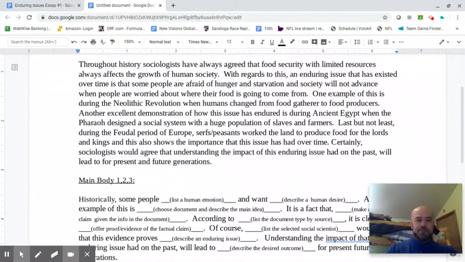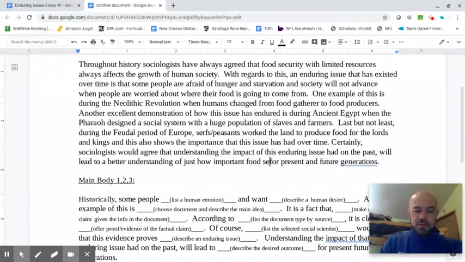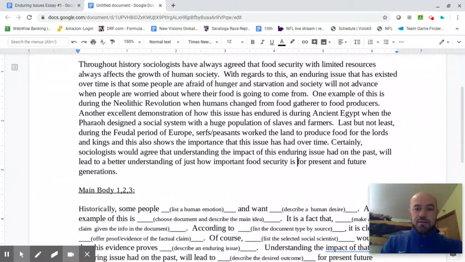Certainly sociologists would agree that understanding the impact of this enduring issue had on the past will lead to a better understanding of just how important food security is in developing society for present and future generations. There you go. So that's kind of the gist of how you use the Mad Lib.